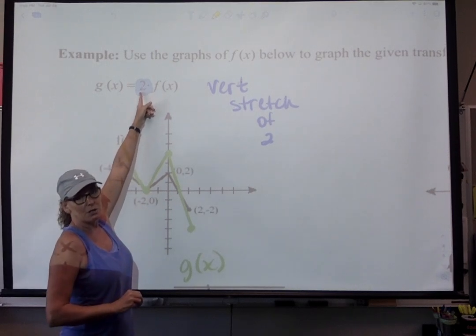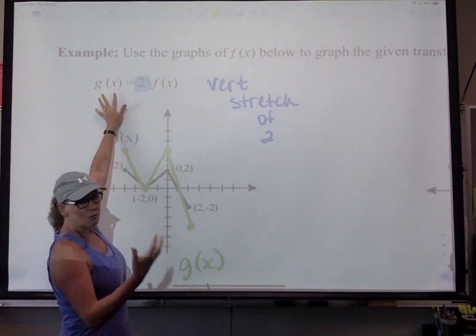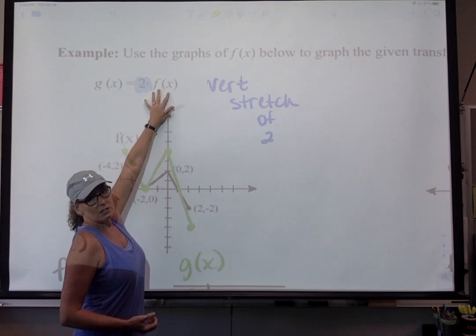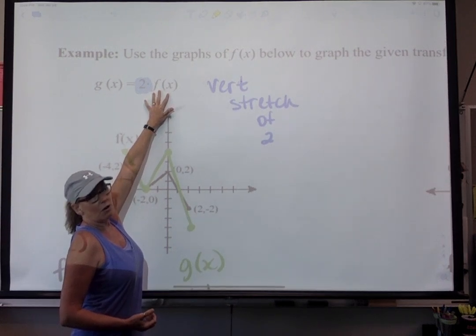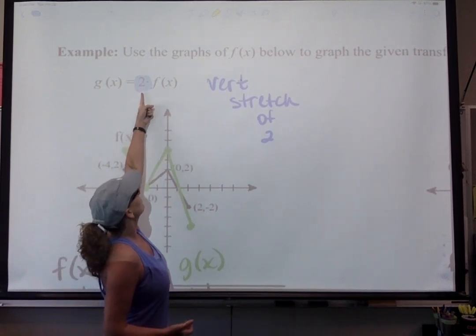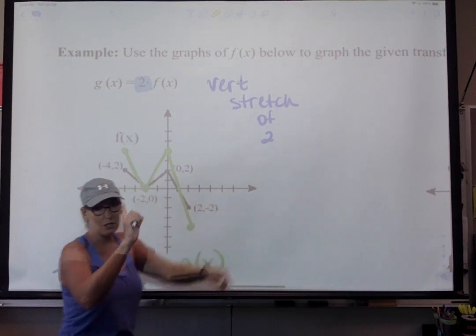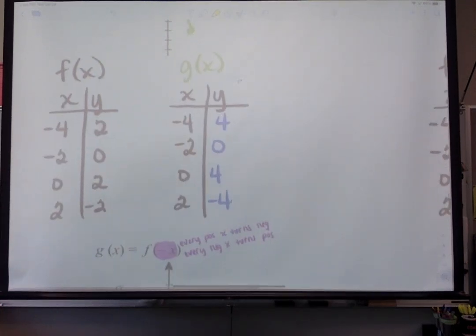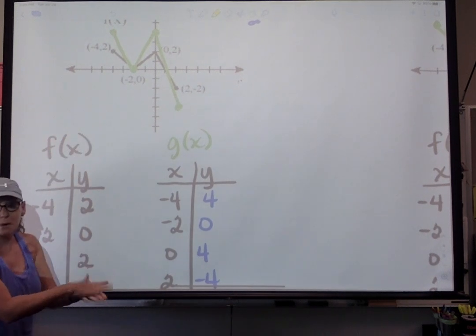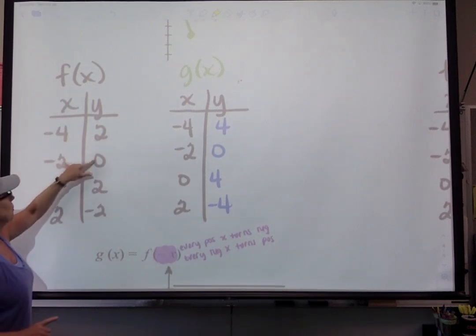So I colored it blue. When you have a number outside this function, we're calling the new function that it makes g of x. Let's take f of x and multiply all the y's by 2, and we'll call it g of x. I colored the 2 in blue because it's on the outside. It's a vertical stretch of 2. Here's what I did. I wrote down all the points from the original black graph. These are my original points.